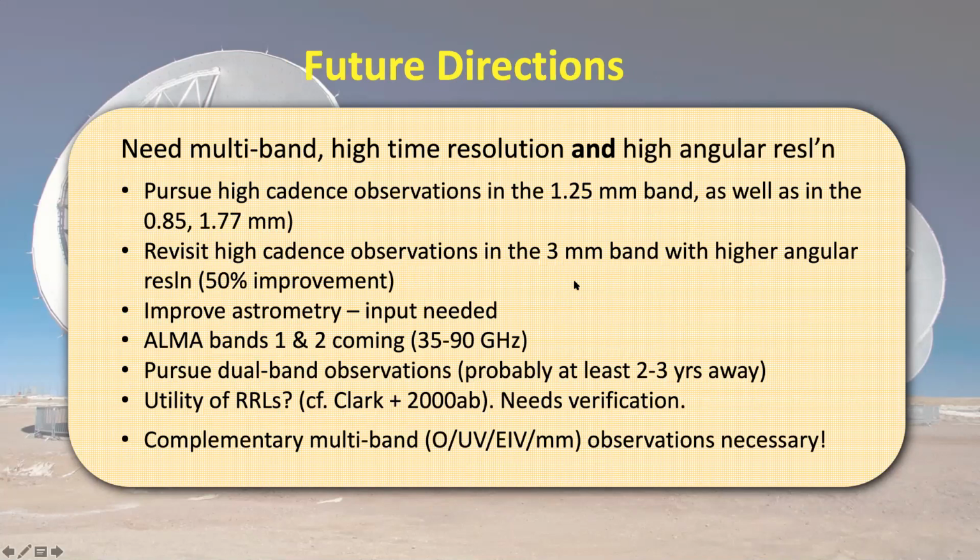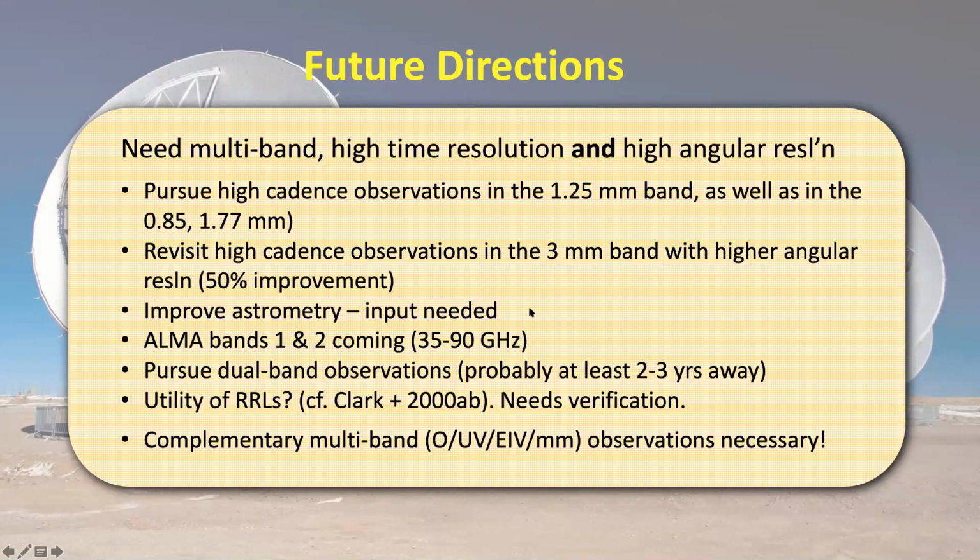Next on the list are to pursue high cadence observations at 1.25 millimeters, meaning have a smarter mosaicing strategy, as well as in higher bands, for example, 850 microns and the newly available 1.77 millimeter band. Revisit high cadence observations at 3 millimeters with higher angular resolution, about 50% improvement.